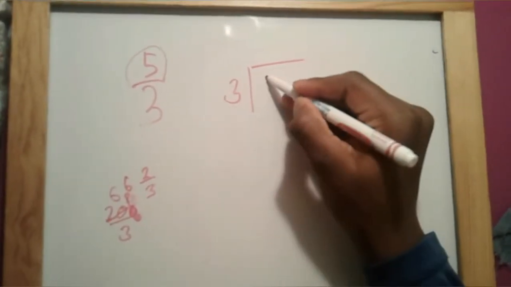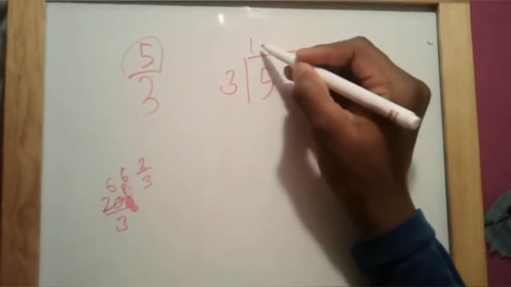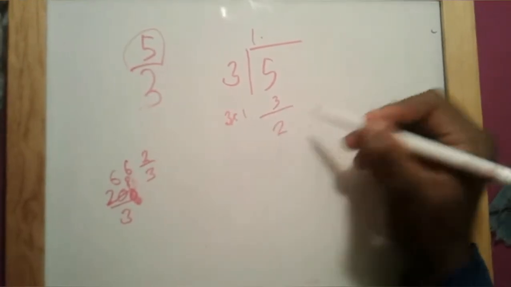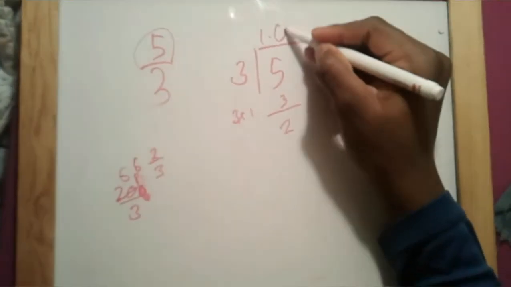This is 5 over 3, then it will be 1 point, and then 3 times 1 is 3, and then 2, and it's impossible, so 0.